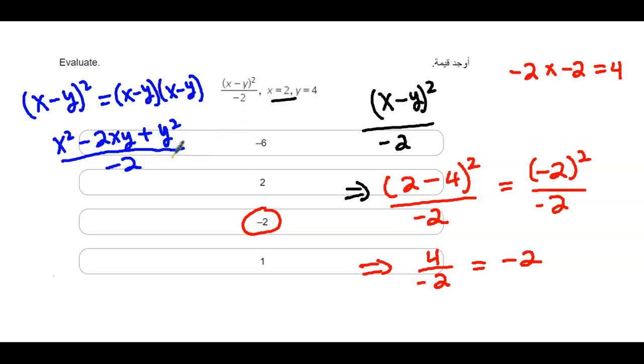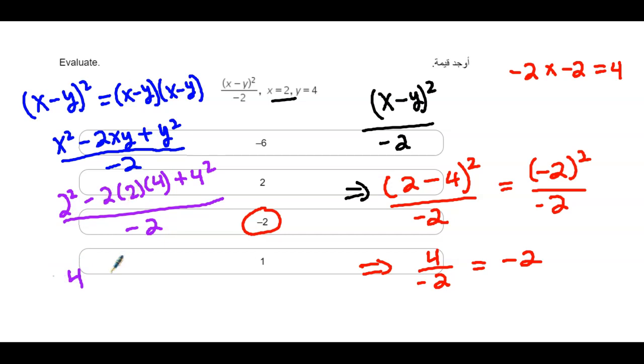So now we are plugging in the values. Wherever we see x, we put 2. So here is going to be 2 squared minus 2 times 2 times 4 plus 4 squared, all divided by negative 2. Here will be 4. You multiply, you get 16, so minus 16.